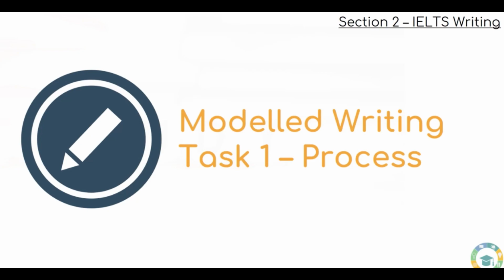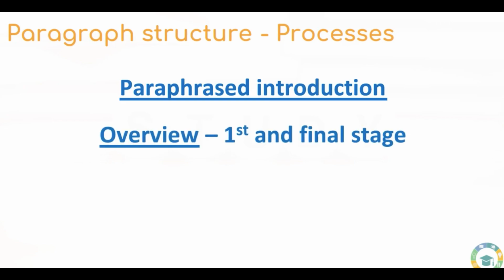And first up, we're going to take a look at the paragraph structure that we will use for a process question. And I should start off by saying that it does pretty much largely remain the same as what you would do for any of the other Task 1 questions. So we have our paraphrased introduction.